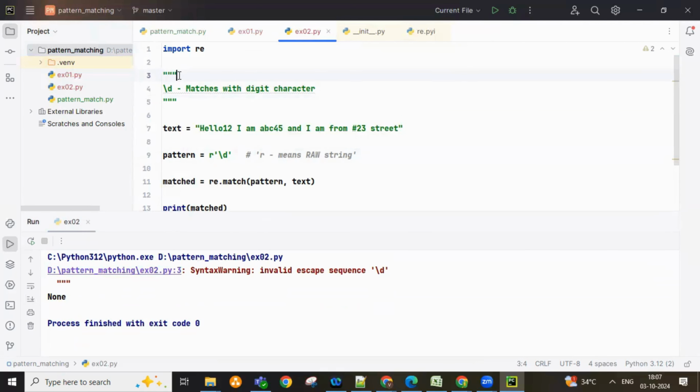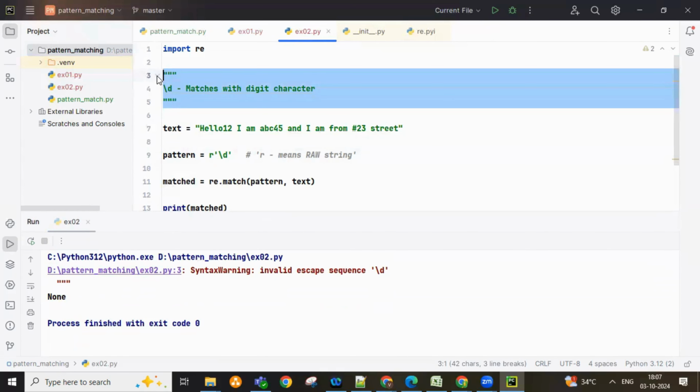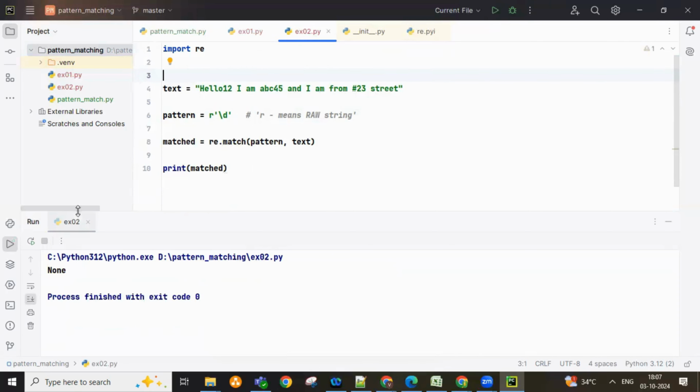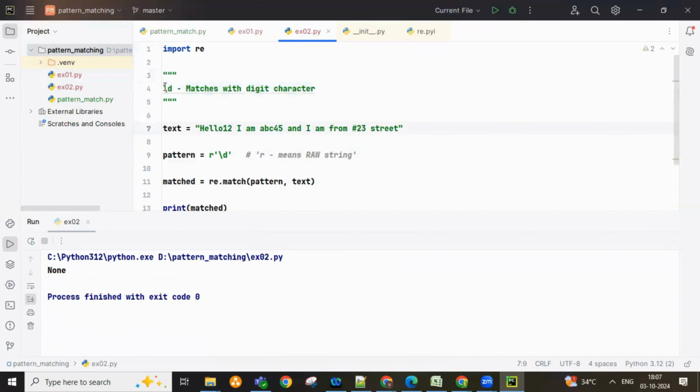It shouldn't be a problem if it is within this code, but it's complaining about this documentation. It's not happy with this. But if I put it like this, I remove the specialness. Okay, that's fine.